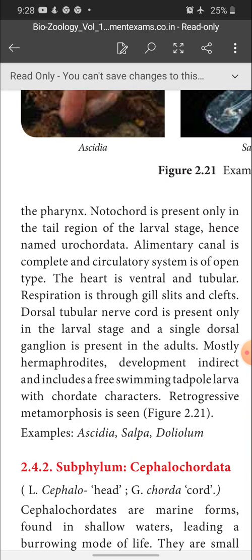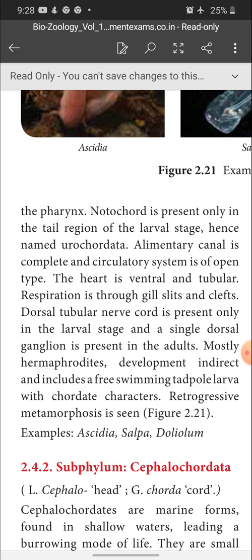Mostly hermaphrodites; hermaphrodite means both male and female sex organs are present in the same animal. Development is indirect and includes a free swimming tadpole larva, with chordate characters.